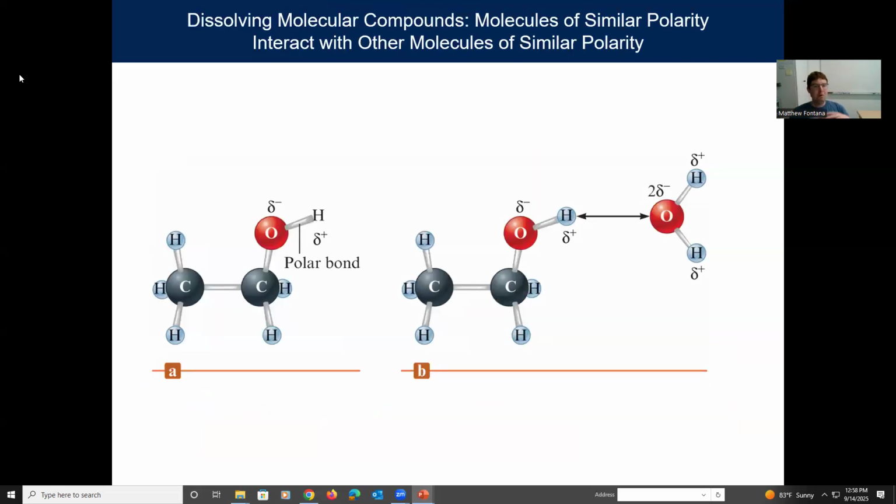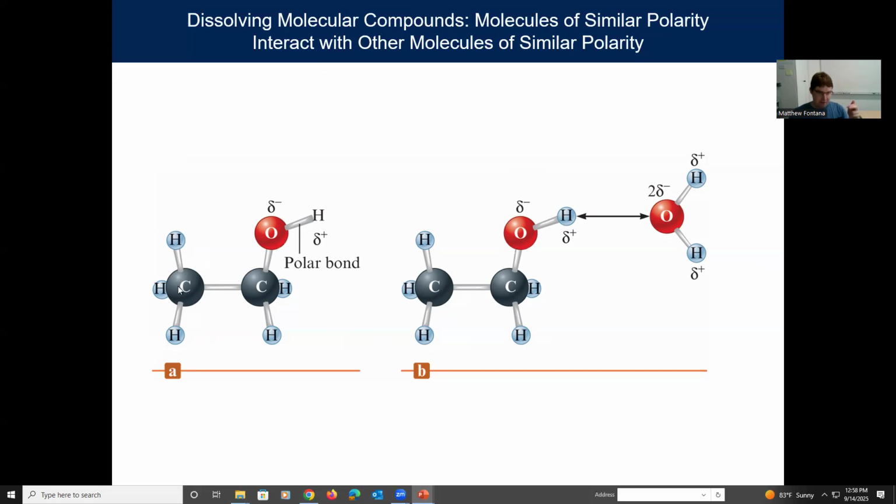One thing we'll talk about is dissolving molecular compounds, such as ethanol. The way it works is that molecules of similar polarity will interact with other molecules of similar polarity. For example, this is the molecule ethanol.